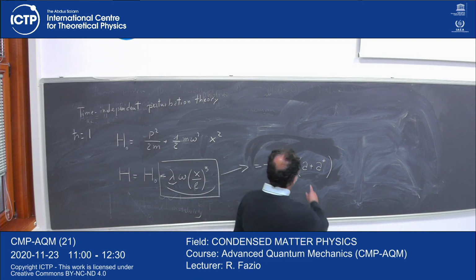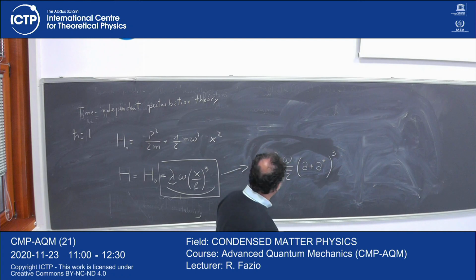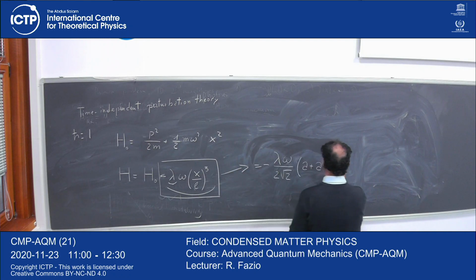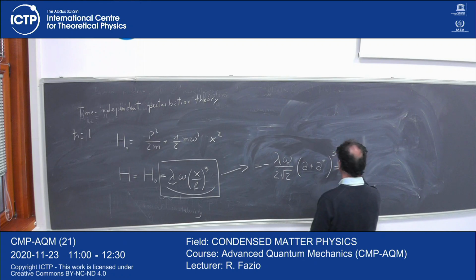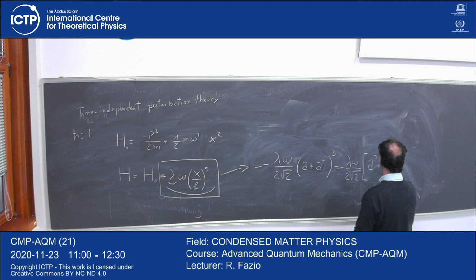So we get (A plus A dagger) to the power cube, okay? So this is equal to minus lambda omega over 2 square root of 2 times A cube plus A dagger cube plus other terms.